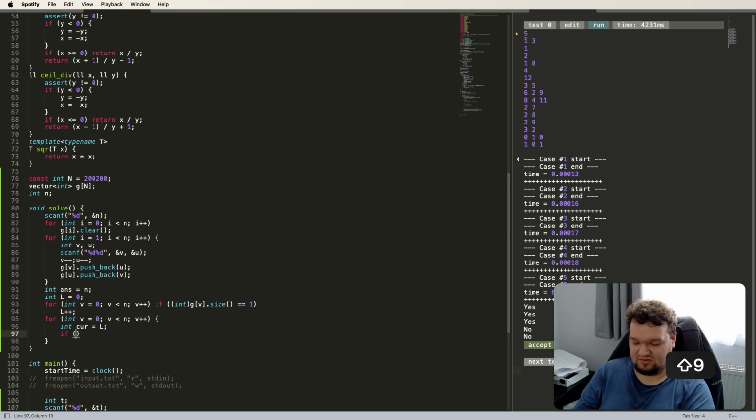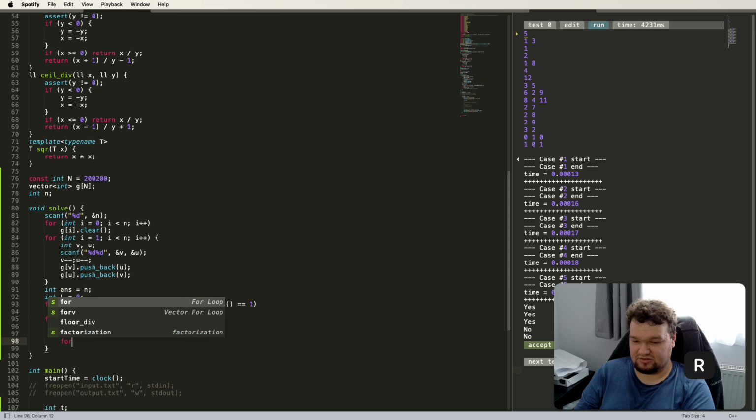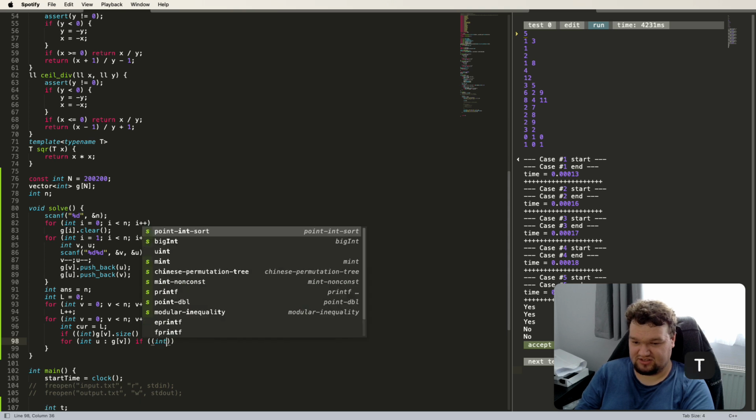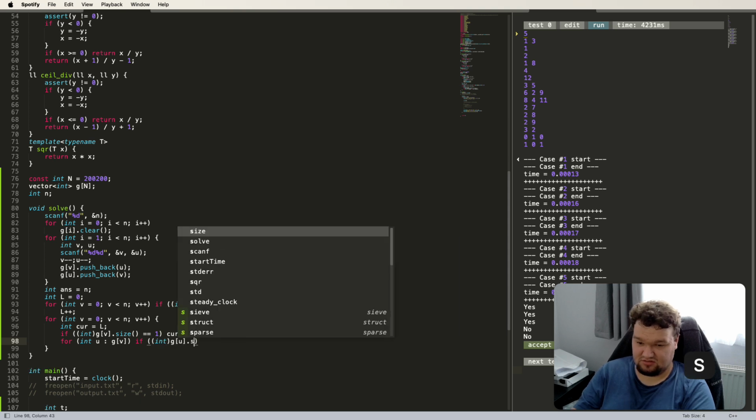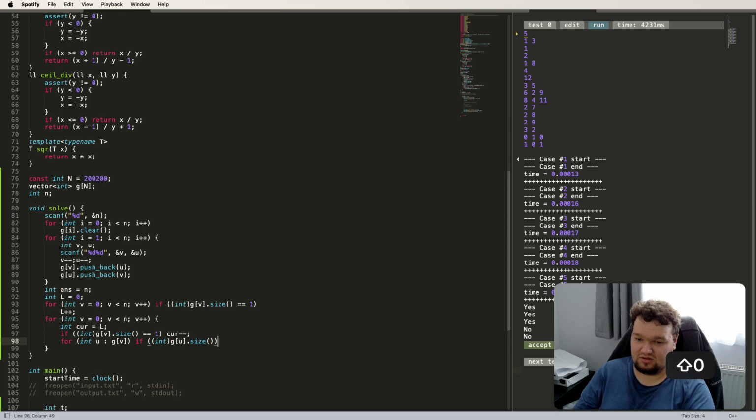If it is a leaf itself, decrease it by 1, and also iterate over all the neighbors, and if they are leaves, for each one also decrease the counter by 1 and update the answer.